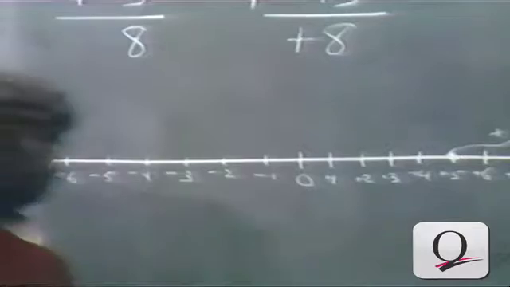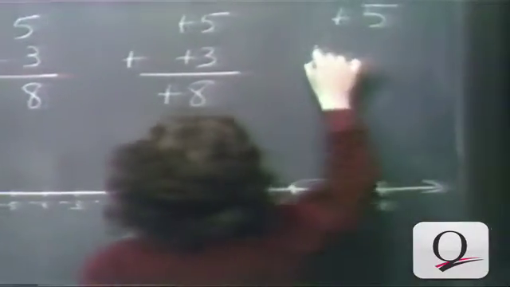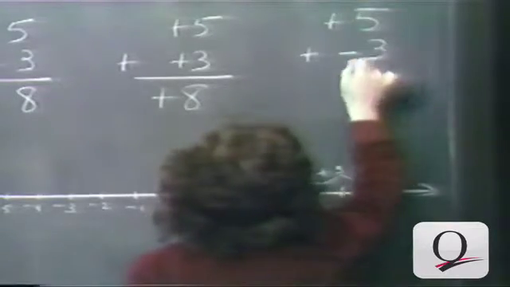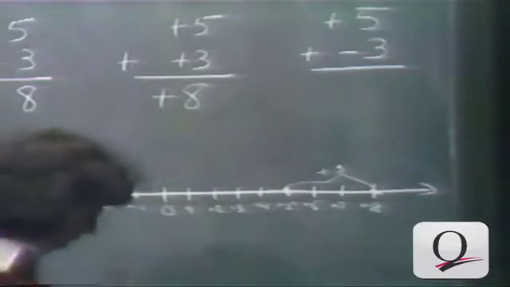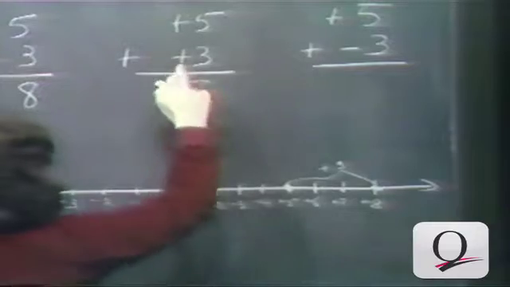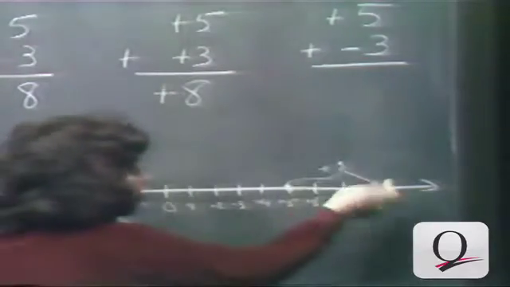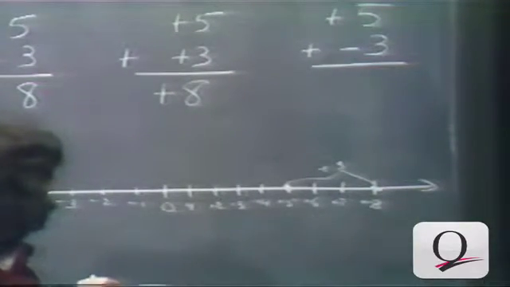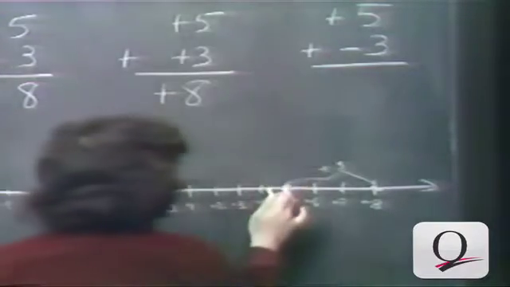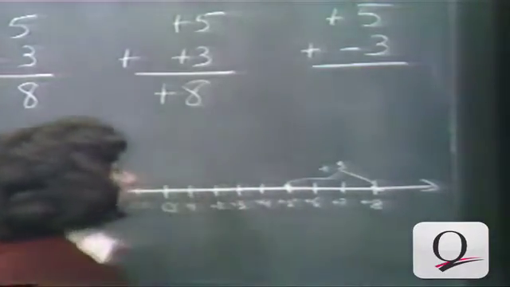If I want to consider the problem plus 5 and adding to it a minus 3, if when you add plus 3 to plus 5 you move 3 units to the right, then the only thing that would make sense in this case, if I'm going to add a minus 3, is that I must be moving 3 units to the left.